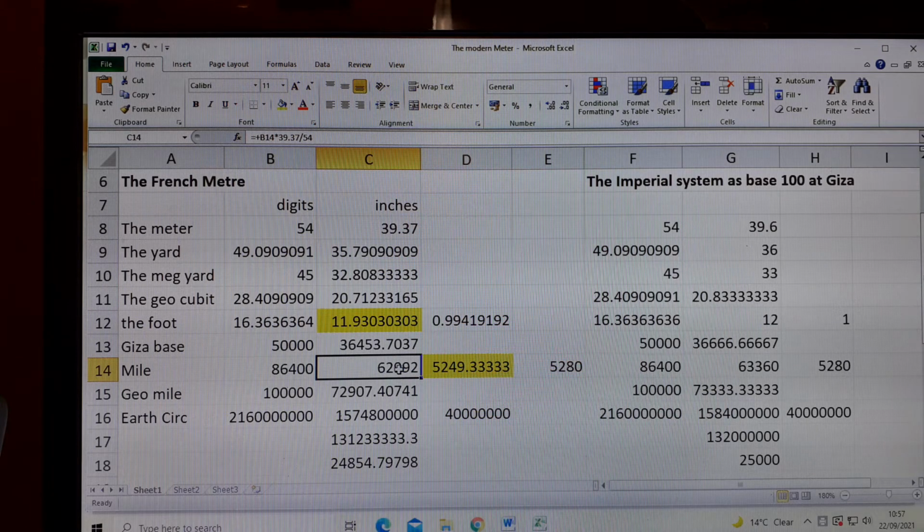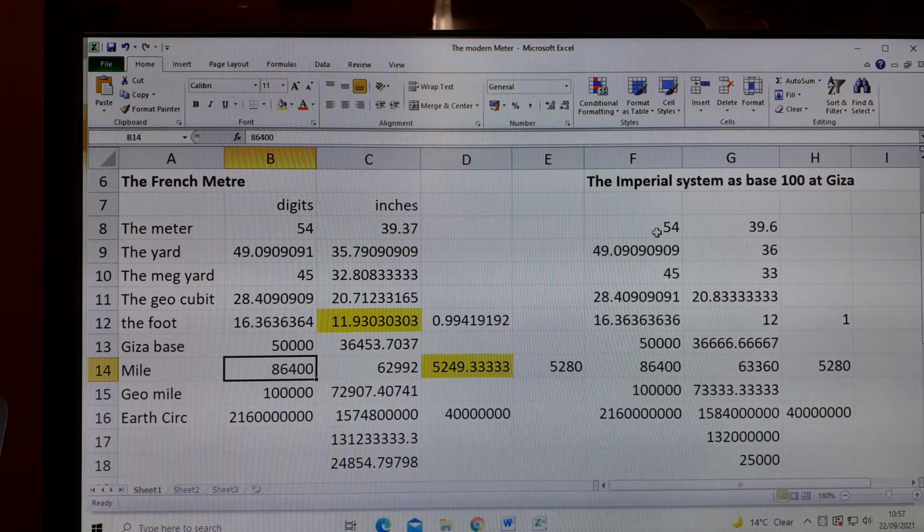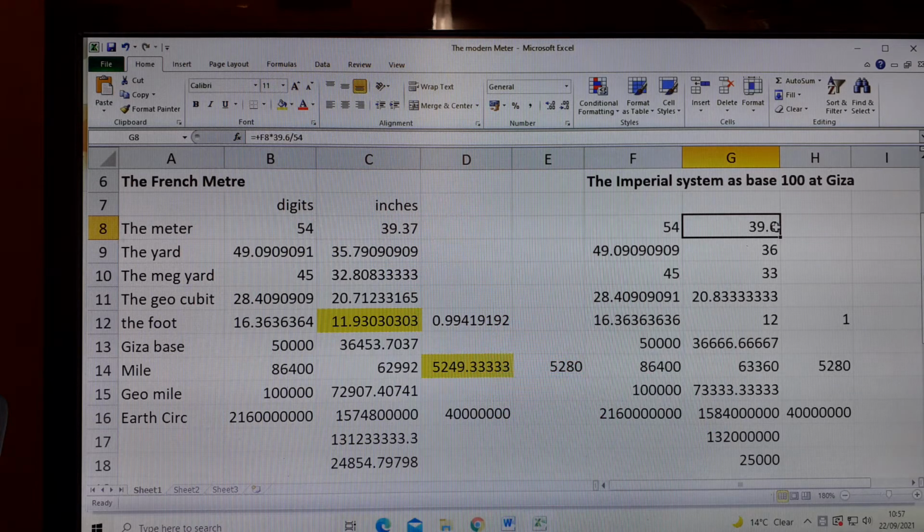So we're not comparing like with like here. We're comparing the same number of digits, but the French system is scaled down against the imperial system, and this is the imperial system at Giza. We've got this metre, we've got this yard, which we know is correct, the 36 inches for an English yard.